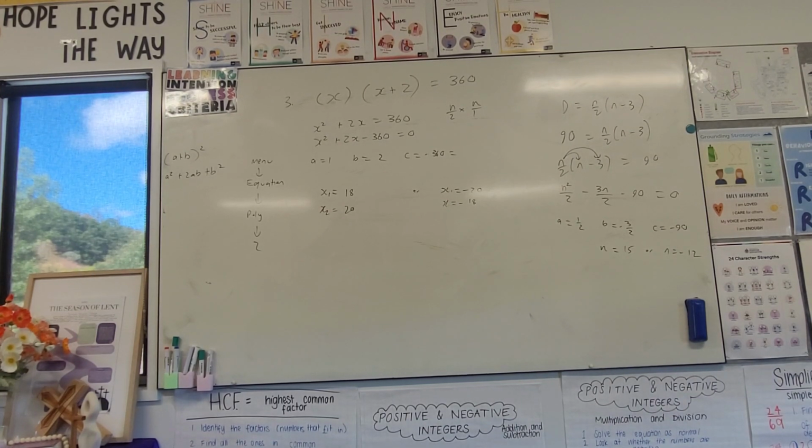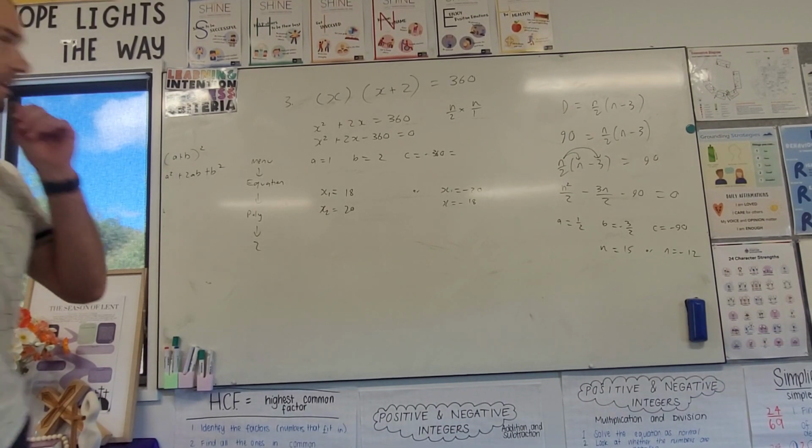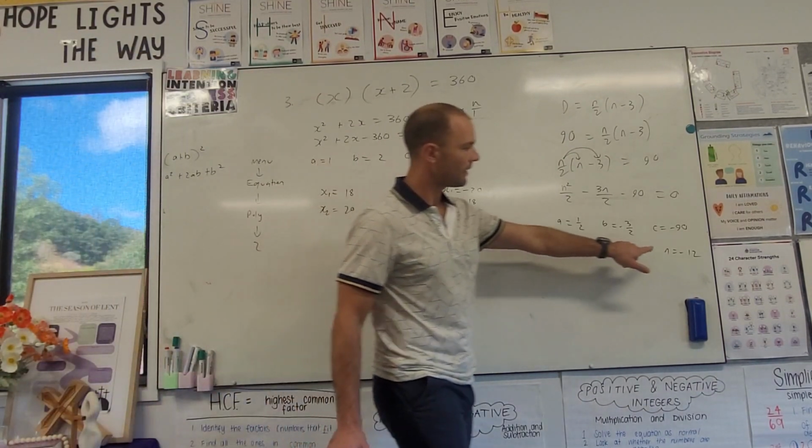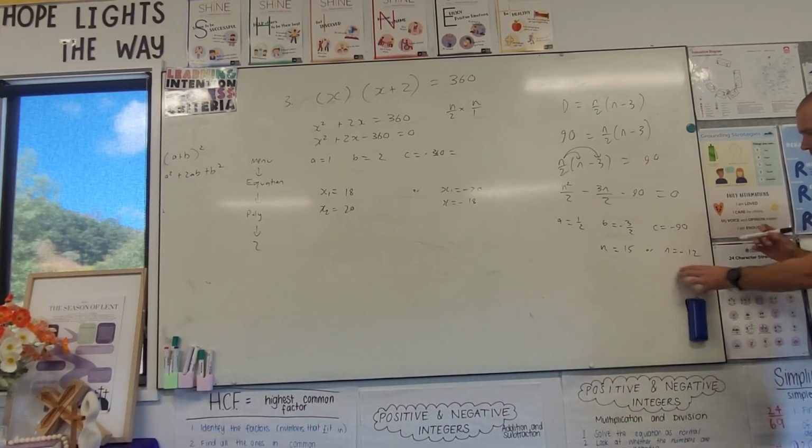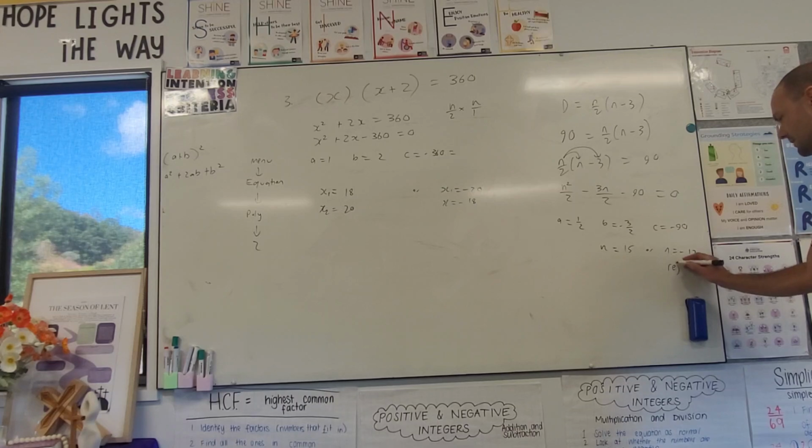All right. So, one thing to point out here is we have a negative solution. Now, what we're doing is talking about the number of diagonals in a shape. So that means the negative solution, we have to reject it.